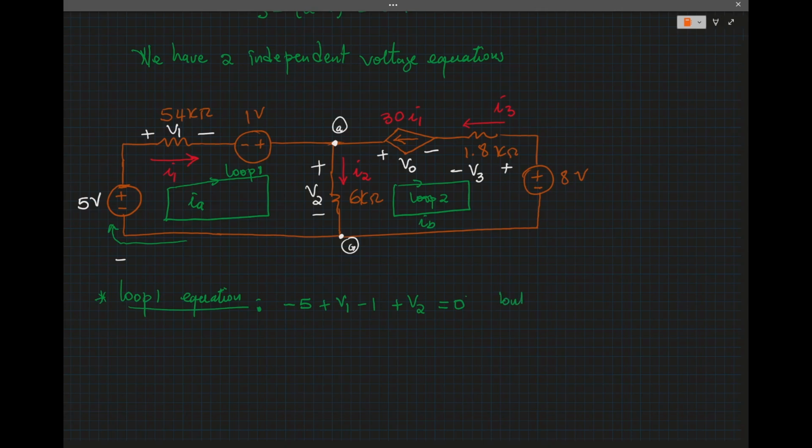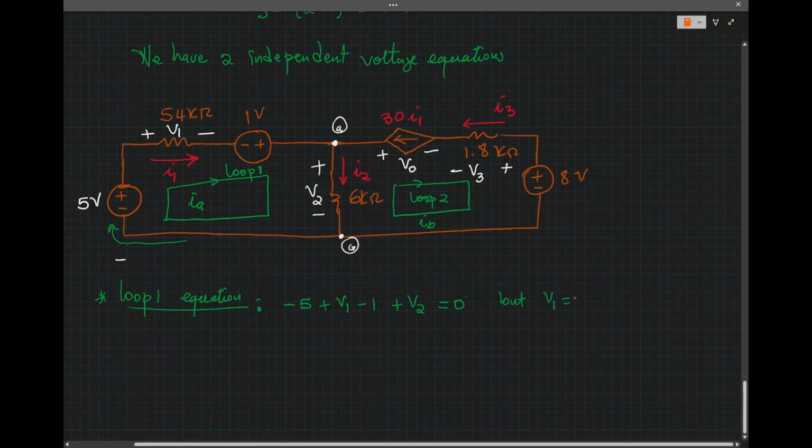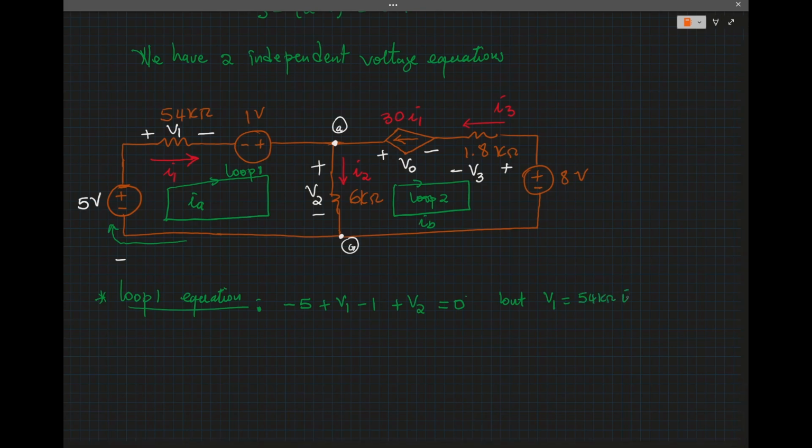Okay, but what is V1? V1 is 54K I1, that's Ohm's law. V2 is 6K times I2.